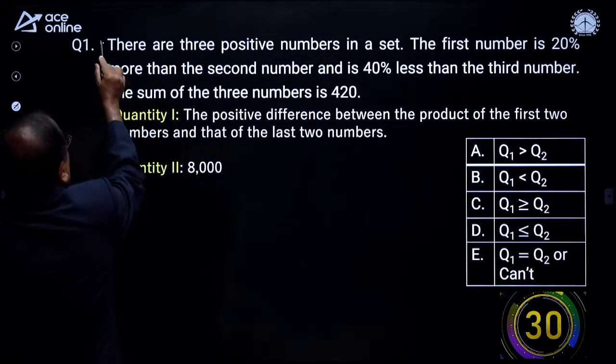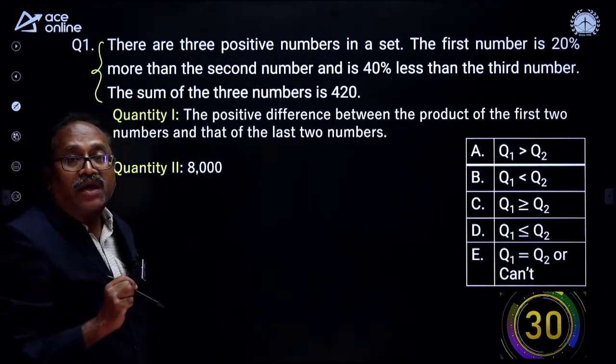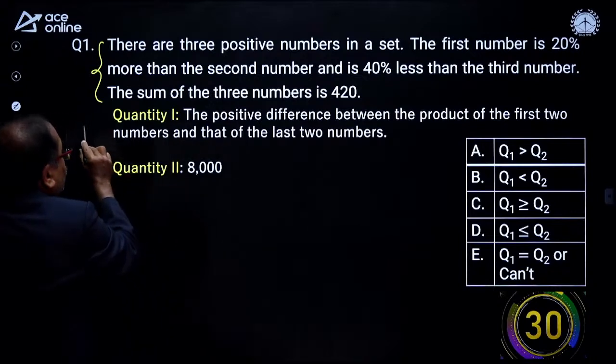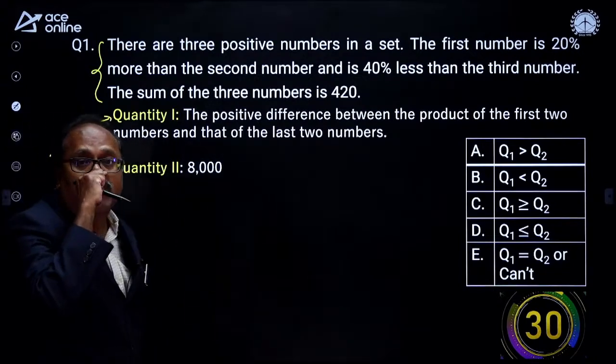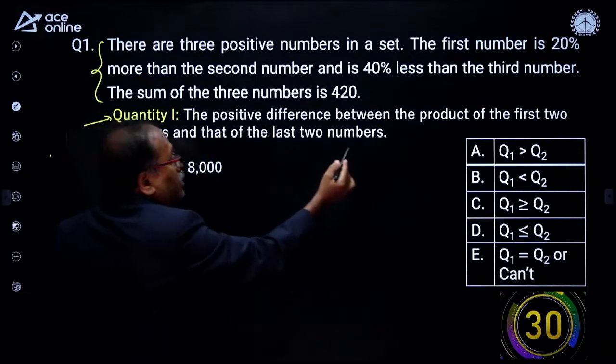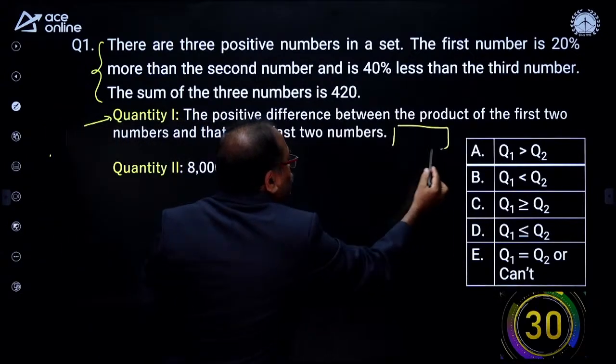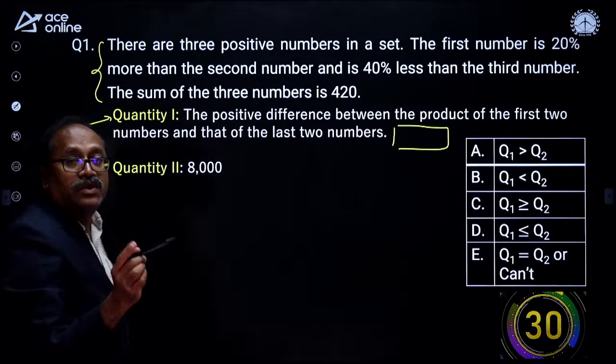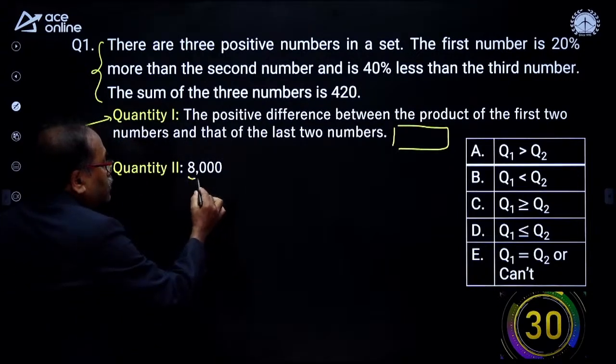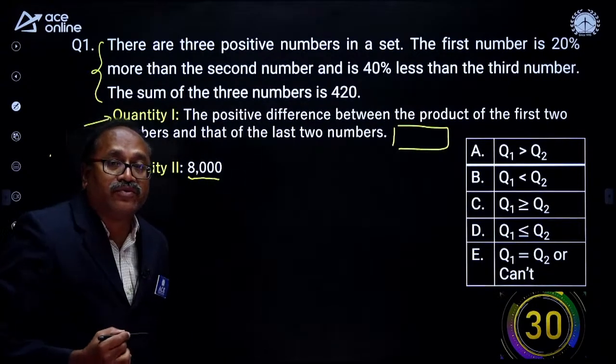Some information is given here, and one question is given over here. You have to solve and get the value of this, and that is your quantity 1. And there is another value, quantity 2, given to you.